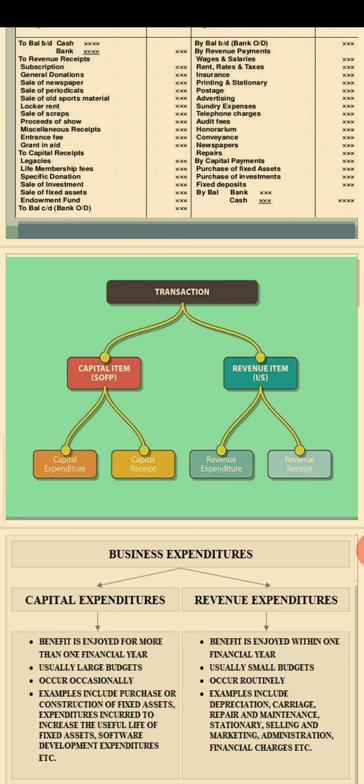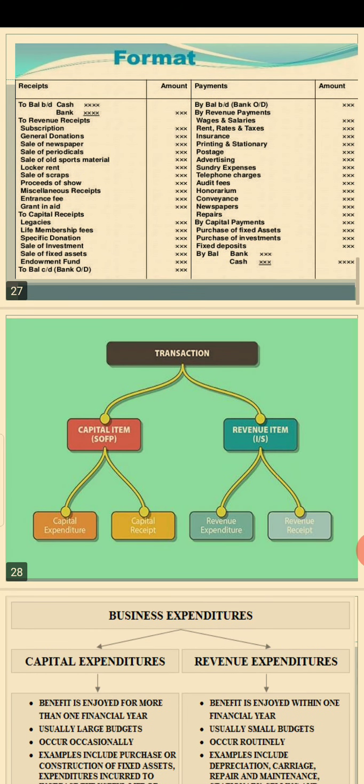Revenue income examples are entrance fees, donations but subject to general, subscriptions received from members, interest on investment, sales of old newspaper, rent received, etc. Similarly, examples of revenue expenses are purchase of printing and stationery, repairs, advertisement, telephone expenses, electricity charges, salary, honorarium to secretary, etc. So these are the examples of revenue incomes and expenditures.